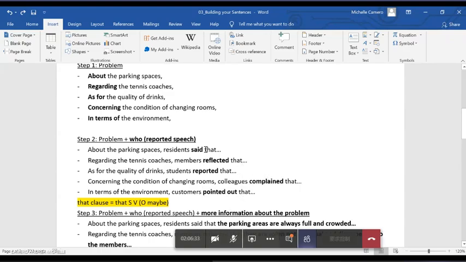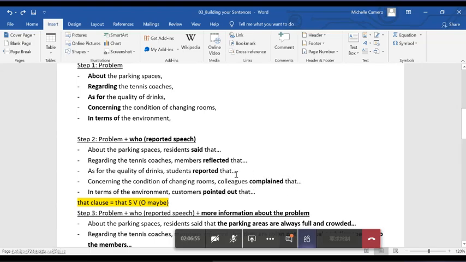Notice when you use reported speech, you need the word that, okay? And we'll talk about that in just a minute. Notice the other thing about reported speech, the verb said is in past tense. It's not say, it's said. Reflected is past tense. Reported is past tense. Complained is past tense. And pointed out is past tense. And then you've got the word that.